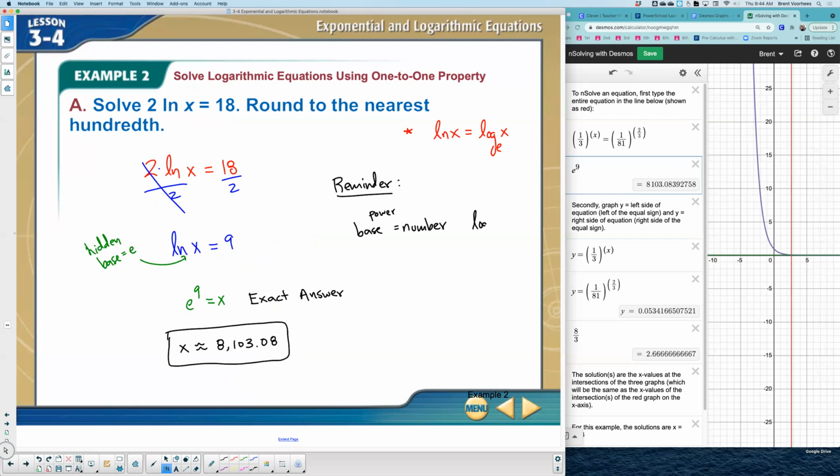And in logarithm, a log base number equals power. These two are inverses of one another. And that's how I'm converting back and forth. This is exponential. This is a logarithm.